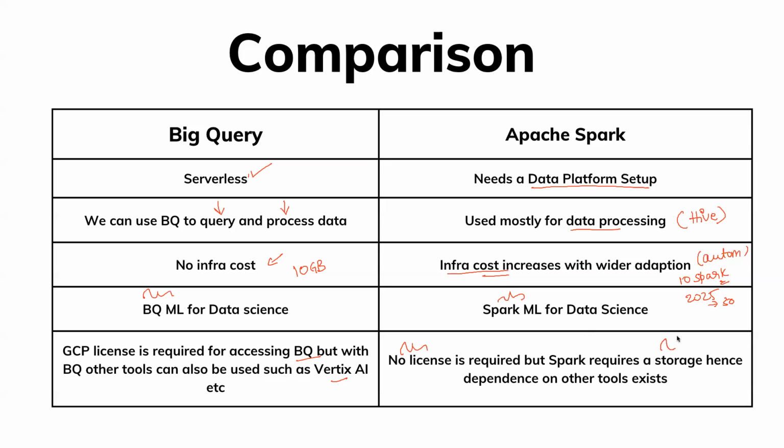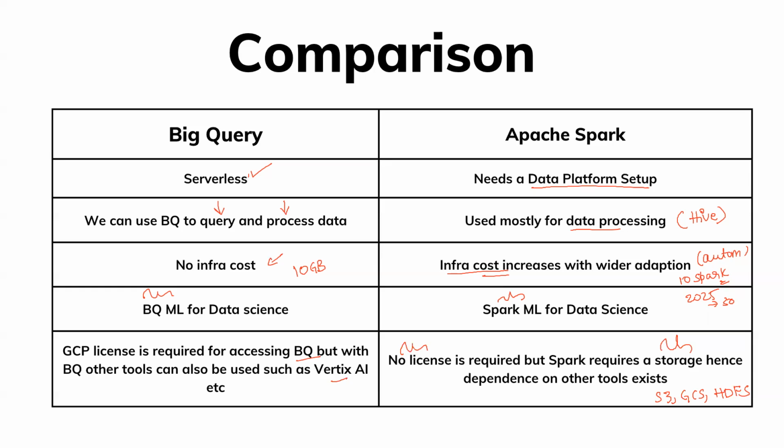So you will have to figure out some kind of storage mechanism for it, maybe S3 or GCP storage or HDFS, which is Hadoop file system. So in other words, Apache Spark is not a standalone tool that can be used to do multiple things. Yes, it can do large data processing, but it would require other big data tools to also serve it or help it.